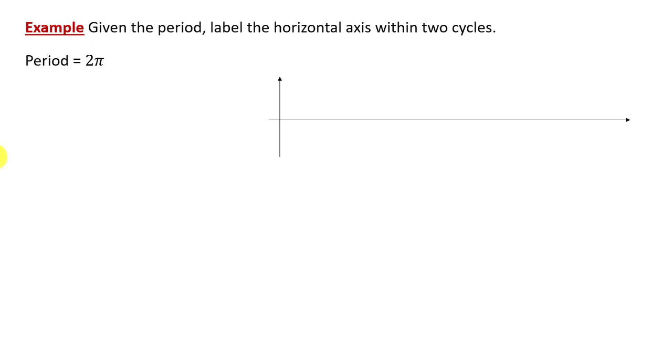I'm going to start by labeling 2 pi. Well, it's period. It means that it's going to be at the end of the first cycle, let's say over here. So we just learned that the important points of the graph, maximum, 0, and minimum, split every period into 4 equal parts. That's what I'm going to show on the horizontal axis.